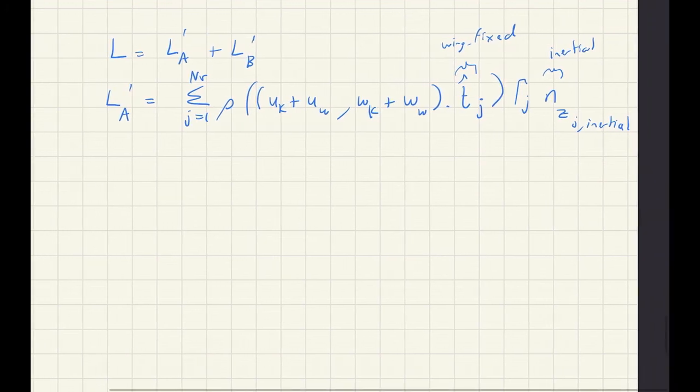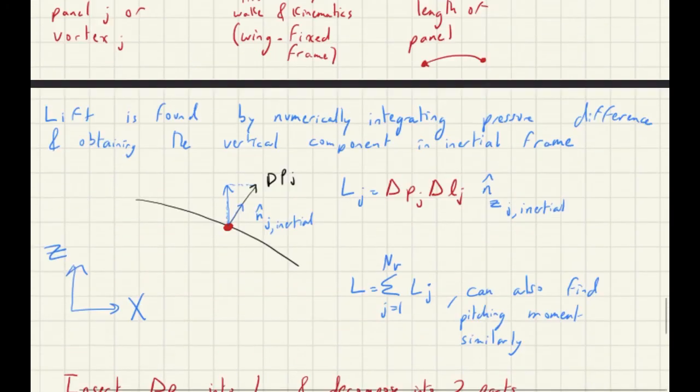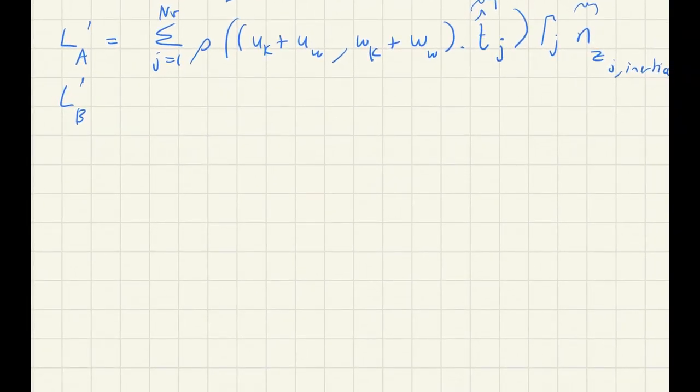Then we do a similar thing for LB. This is the second component corresponding to this bit. And that is the sum from j equal to 1 through NV of rho delta Lj times the time derivative of the sum from k equal to 1 through j of gamma k, and zj inertial.